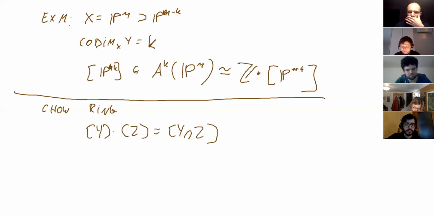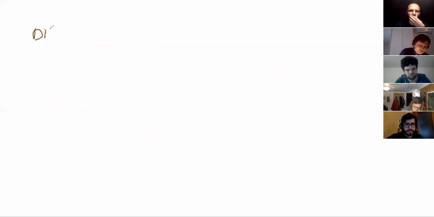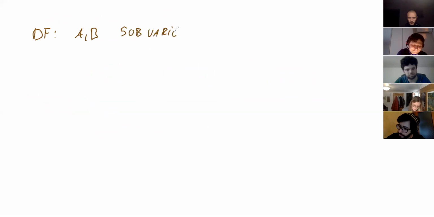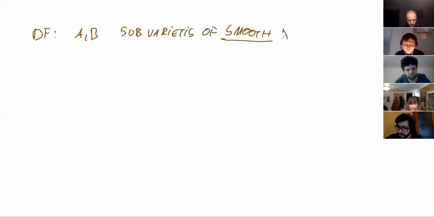Let me take the new slide. So this is a formal definition. What does it mean to intersect well? If we have A, B subvarieties of smooth X. From now on, our variety X will always be smooth, and it's quite an important assumption.